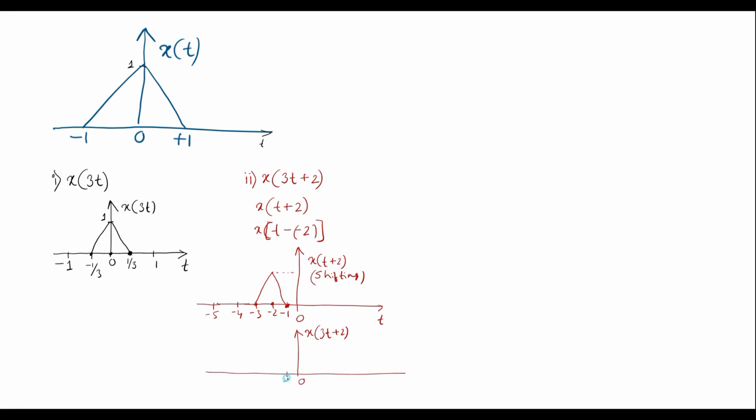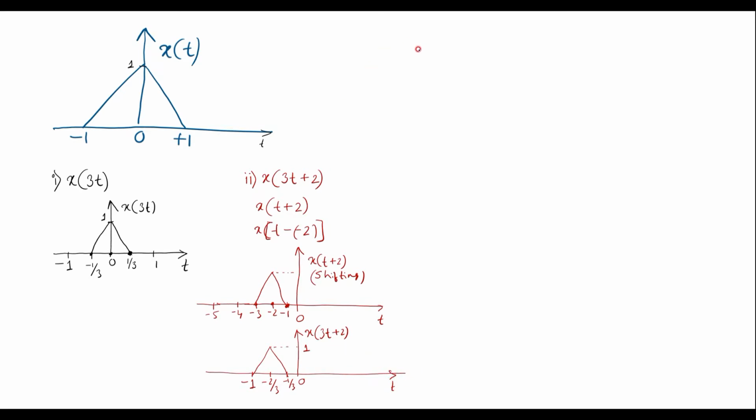So let this point be minus 1 by 3, minus 2 by 3, and let this be minus 1. This is 1. So this is x of 3t plus 2.